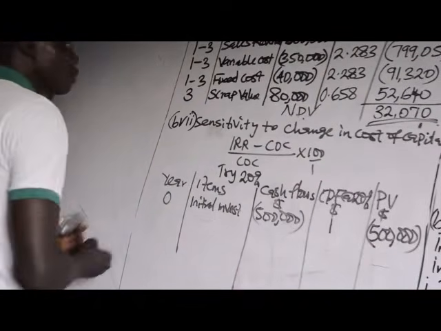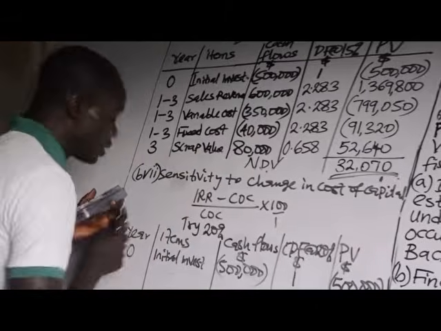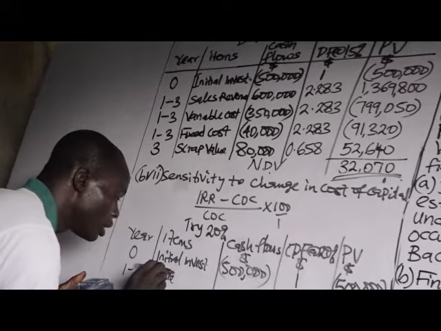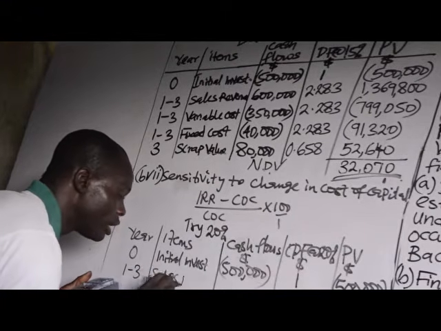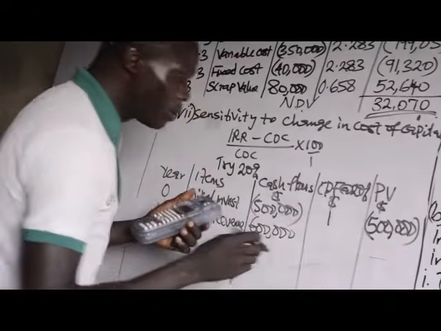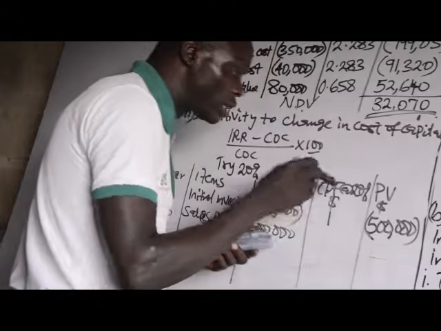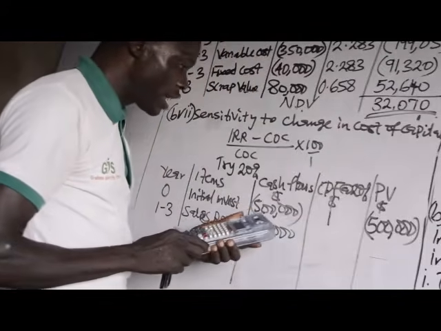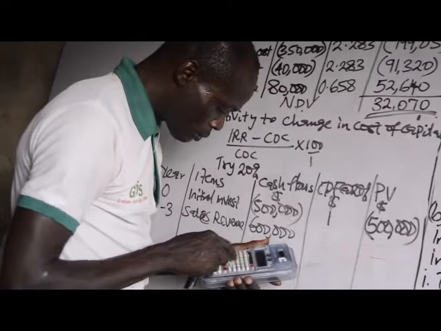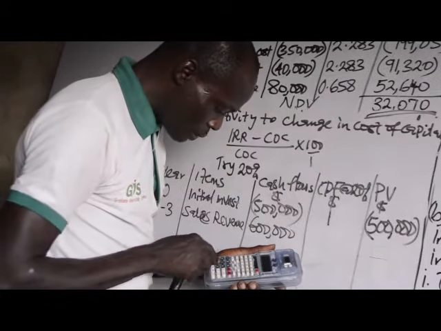Then the next one, year 1 to 3, we have sales revenue of 600,000. Now, the cumulative discount factor for year 1 to 3 at 20%, using the same annuity formula we have used in the first NPV we calculated: 1.2 raised to power minus 3, subtracted from 1, divided by 0.2.